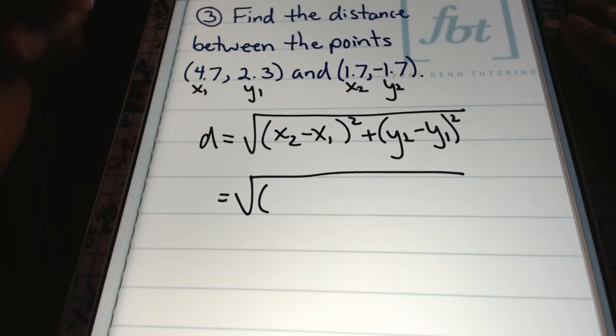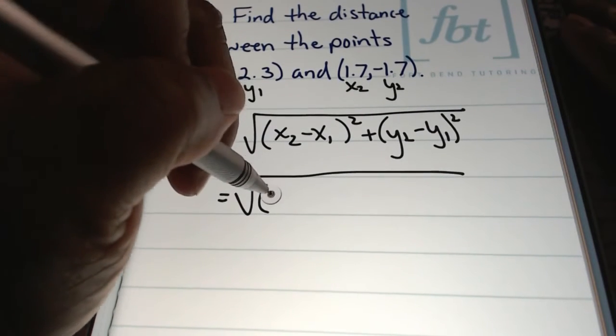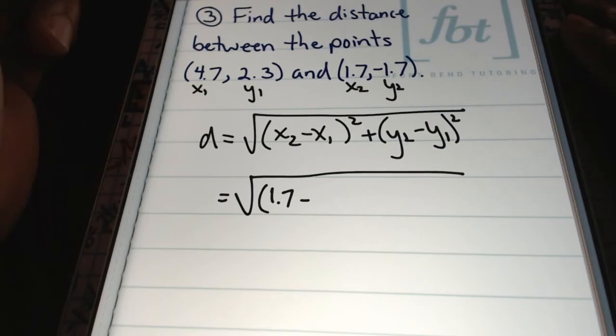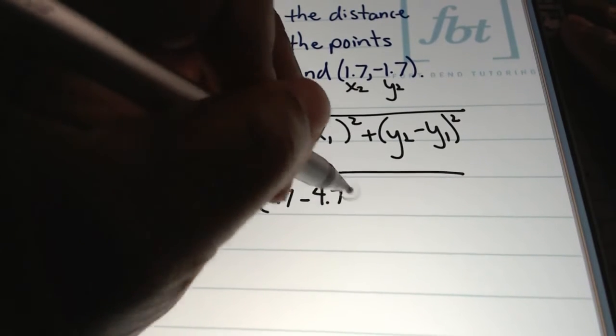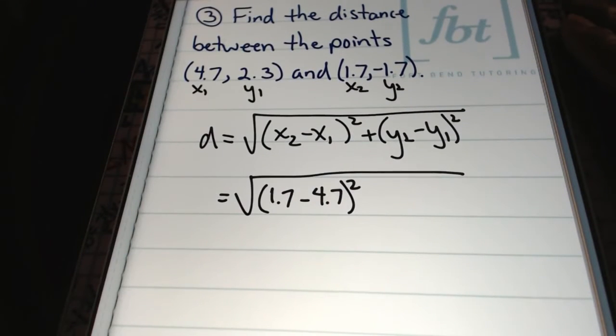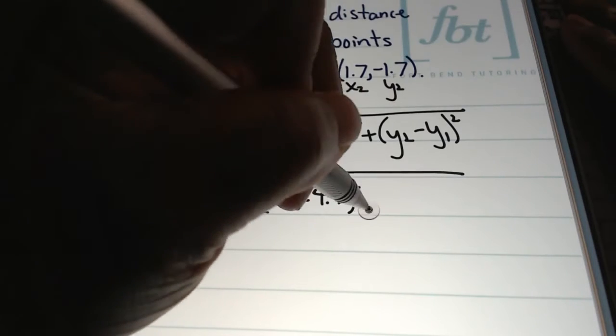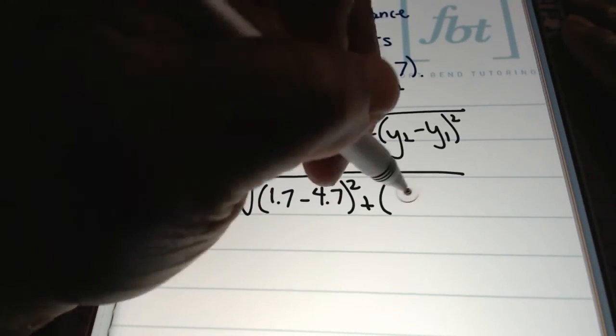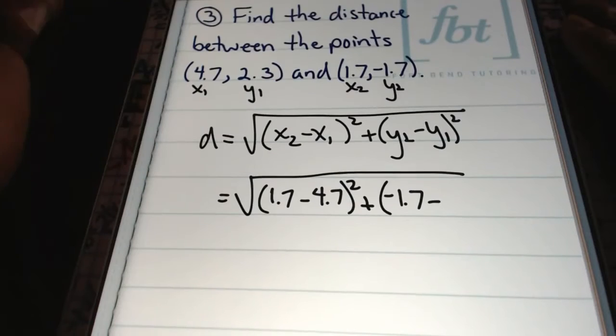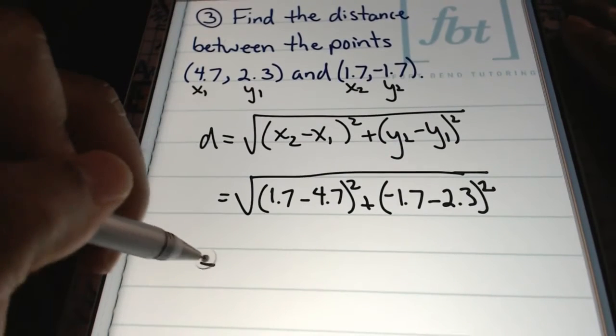We know that our x2 value is going to be 1 7/10 minus our 4 7/10 here. That was our x1 value, and we're going to then square that difference, plus our y2 value, which is negative 1 7/10, minus our y1 value, which happens to be 2 3/10, and that difference will be squared.